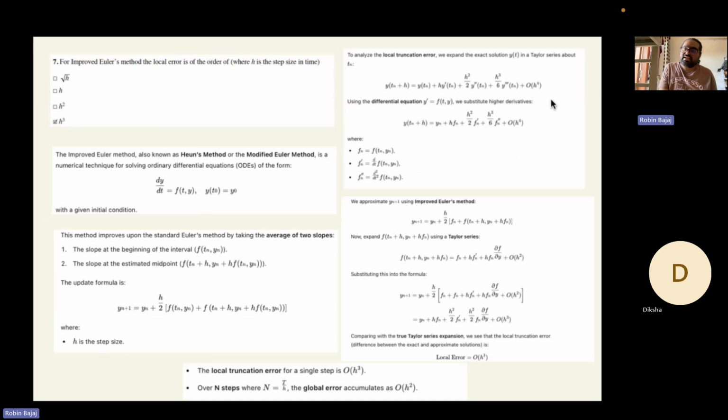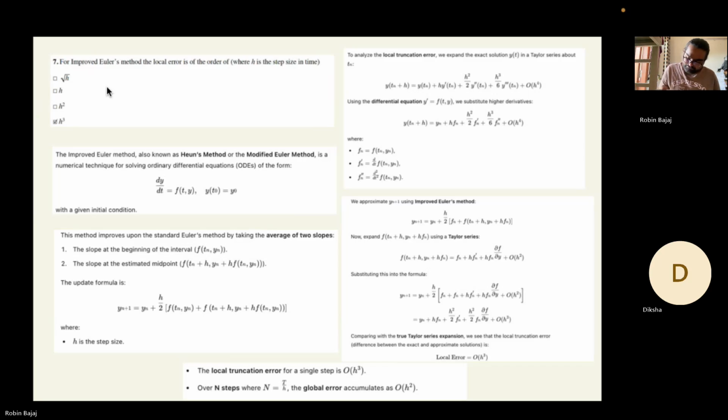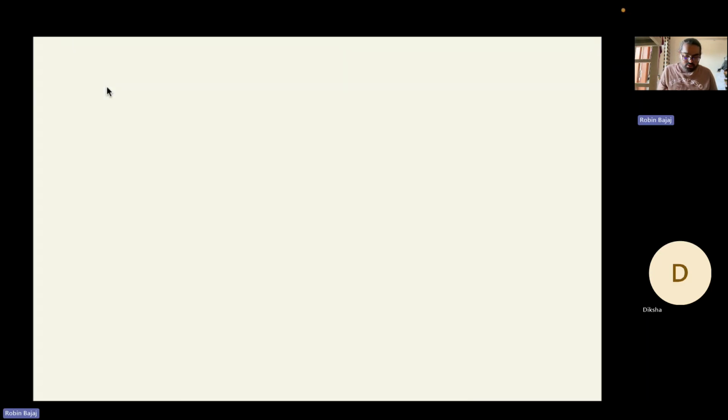Do you have any idea about the improved Euler method? No, sir. Okay, so this was actually taught in this, fourth week. This was done in the lecture, but we will do it again just for your purpose.